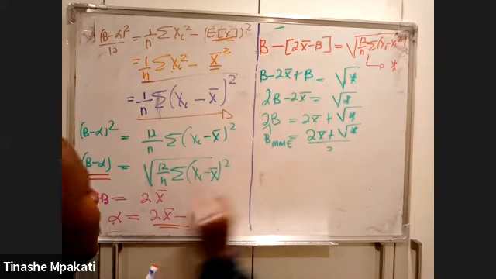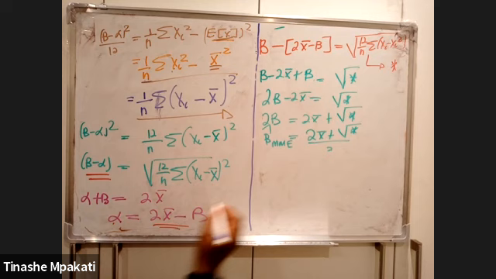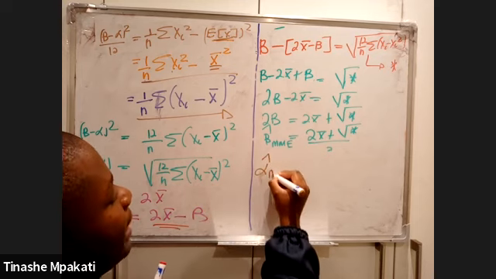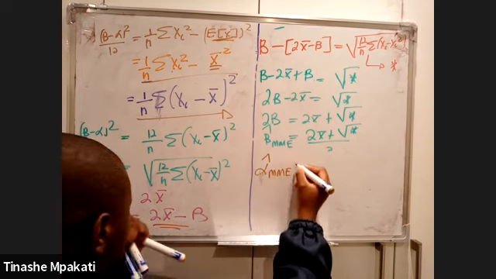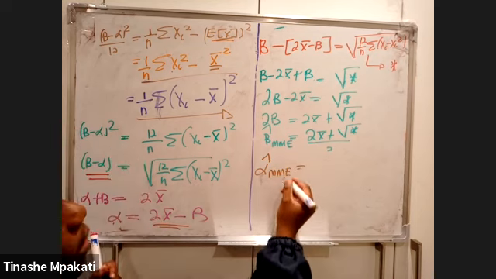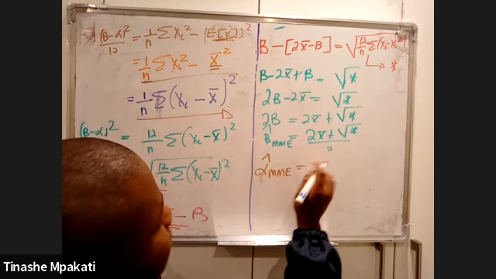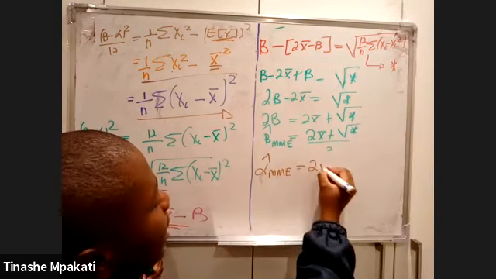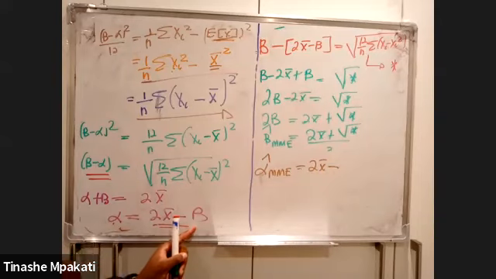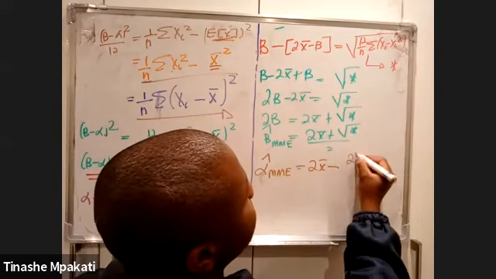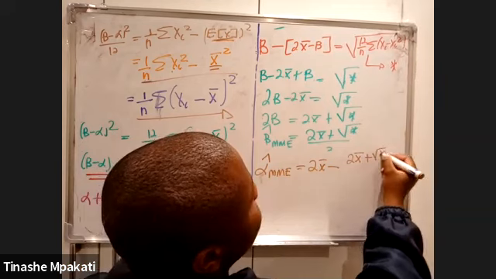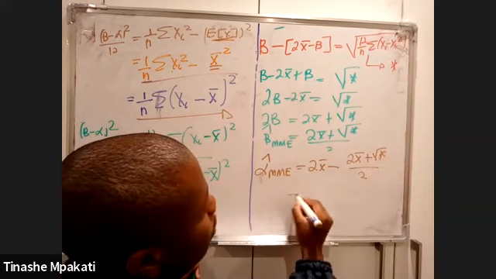And from there, we can now conclude that this alpha will be alpha MME equal to 2x bar minus, instead of writing beta, now we write 2x bar plus square root of star divided by 2.